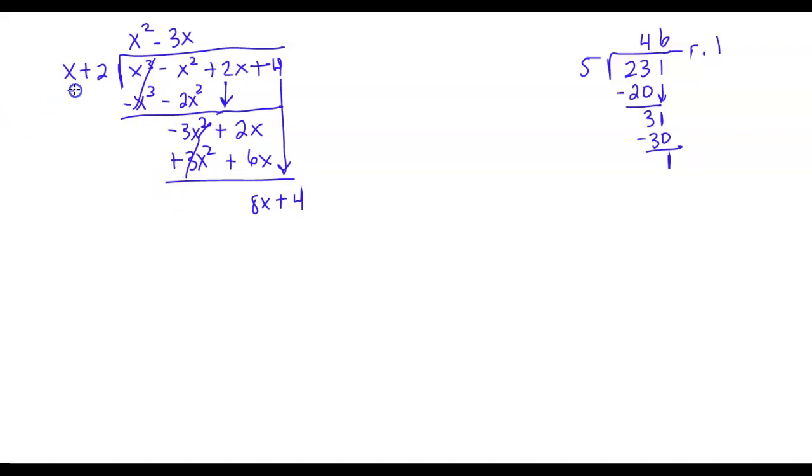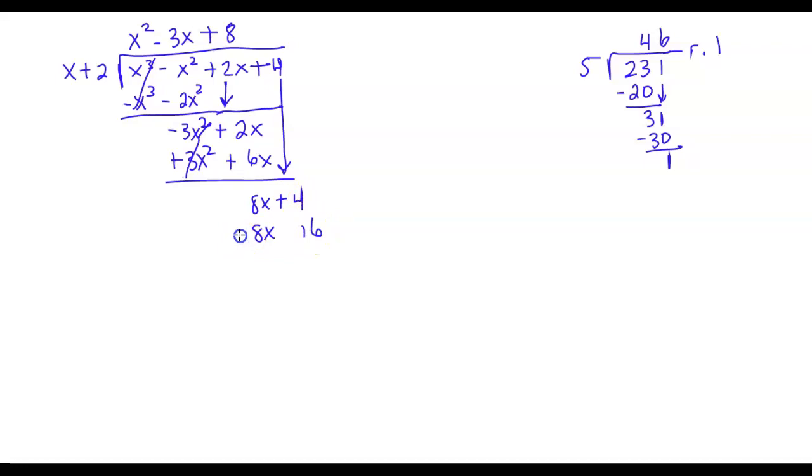We see here that x times 8 will give us 8x. So here we will put plus 8. And then we will continue on again, just like how we had before. So 8 times x will give us a positive 8x. And 8 times 2 will give us a positive 16.